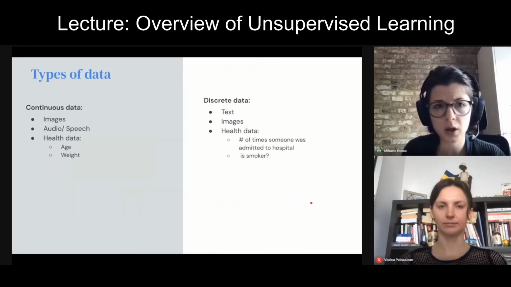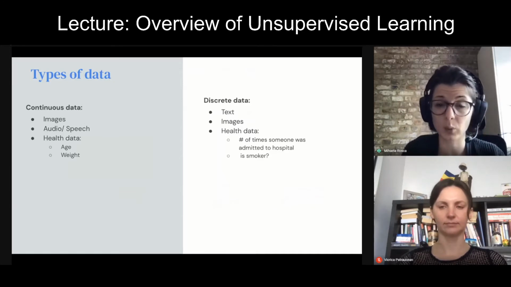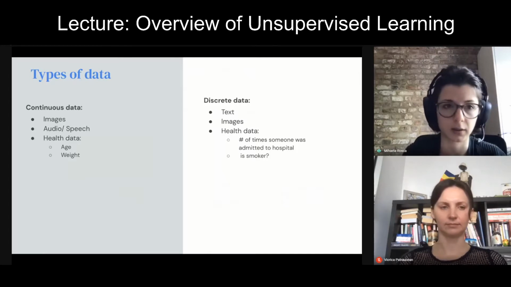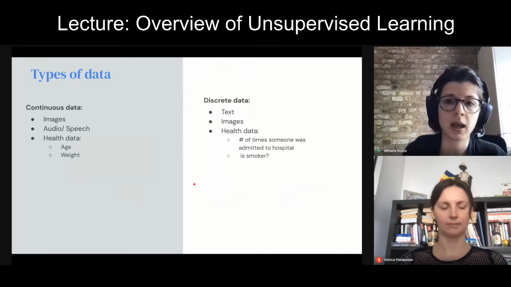And while I'm not going to stress this a lot in the talk, you also have a choice of how you want to represent your data, as discrete data or continuous. Sometimes it's more clear than others that I want to do discrete or continuous, but sometimes you also have a choice. And what algorithms you can use downstream can be affected by this choice.